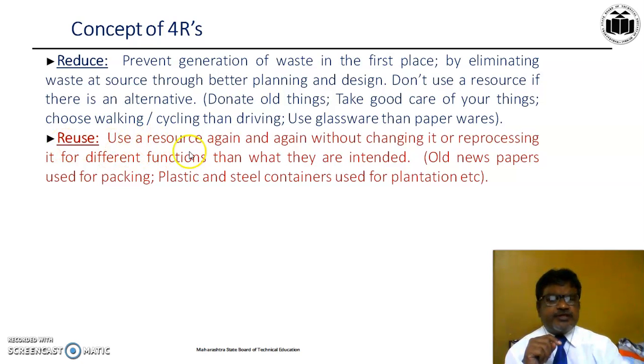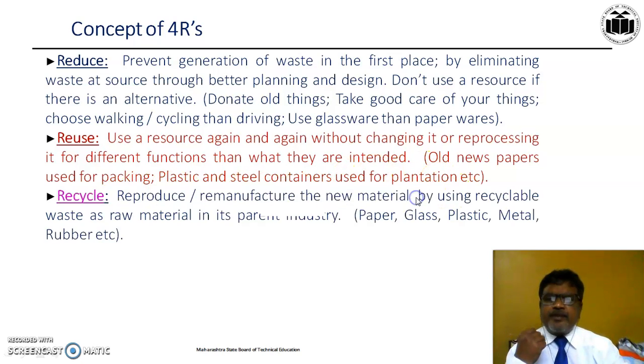Reuse means using the resources again and again without changing or reprocessing them, for different functions, such as old newspapers used for packaging, and plastic and steel containers used for plantation.